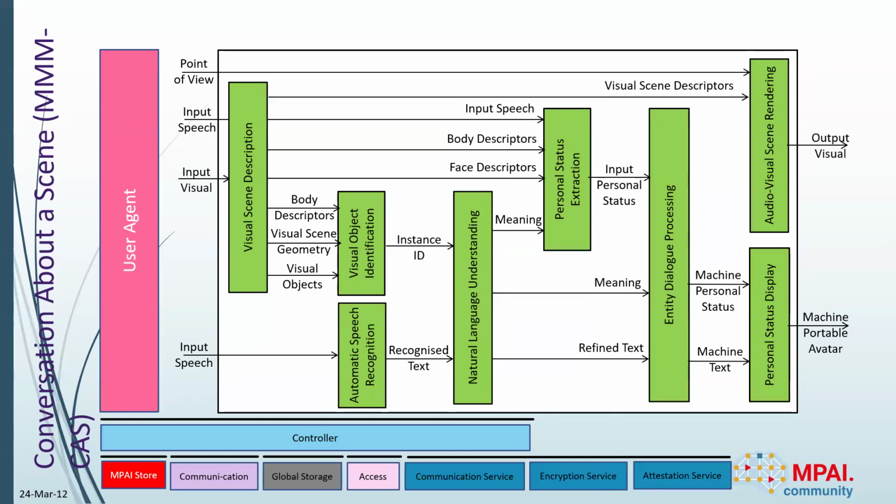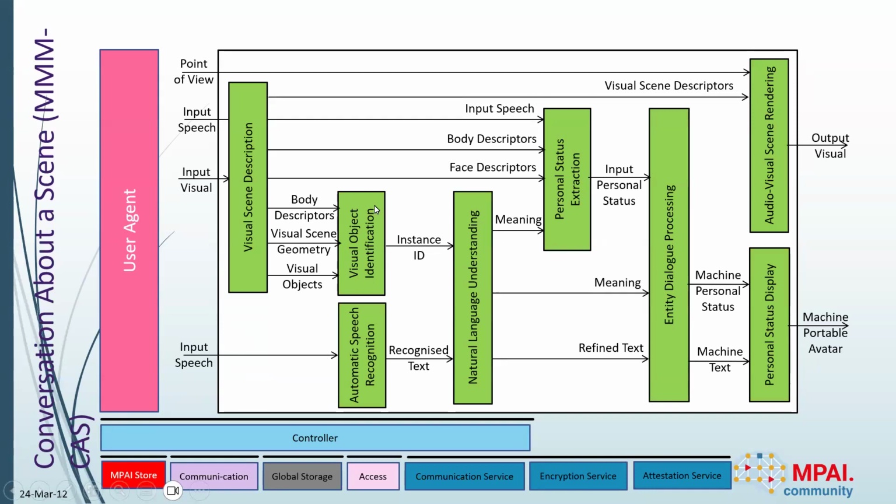And so we have this visual scene description that describes the visual scene, because the audio scene is already condensed in the input speech. And here the output of the visual scene are the descriptors of the body, the geometry of the scene, and the visual object in the scene.